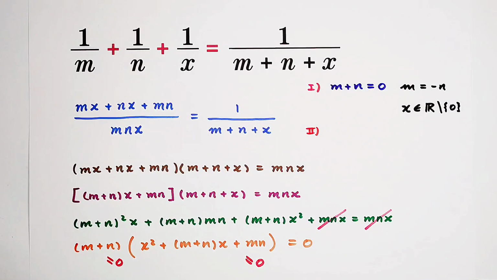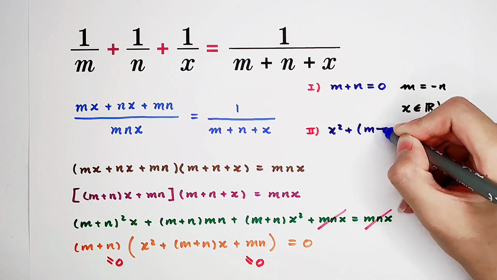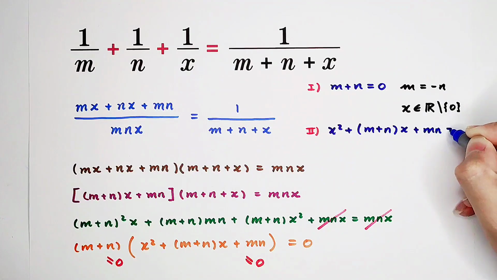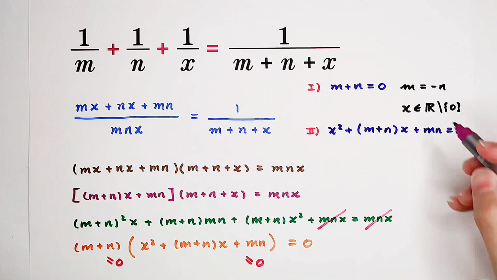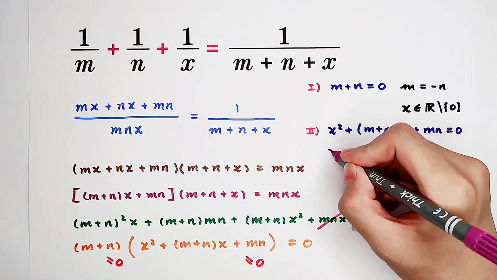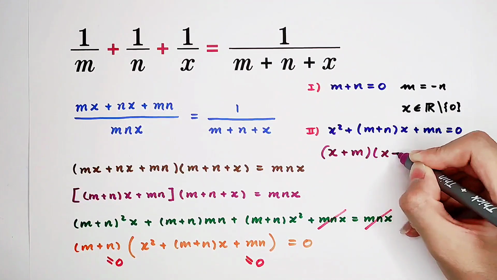In our second case, we have x squared plus (m + n) times x plus mn equals 0. mn is m times n, and here we have m plus n. So it is (x + m) times (x + n).